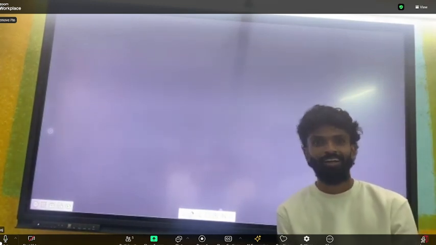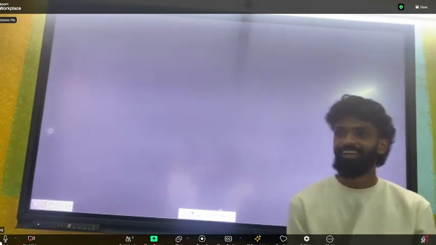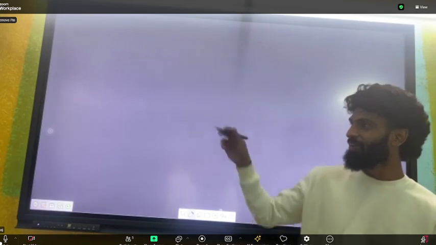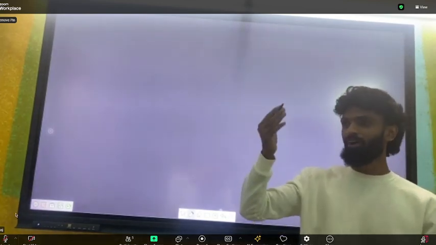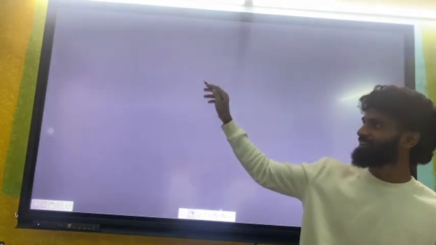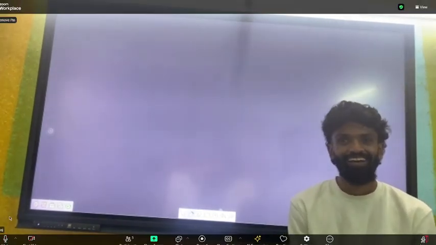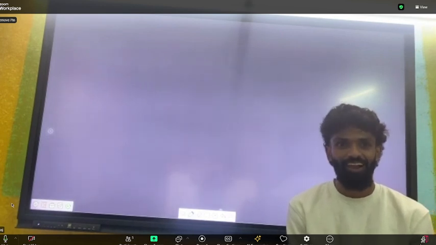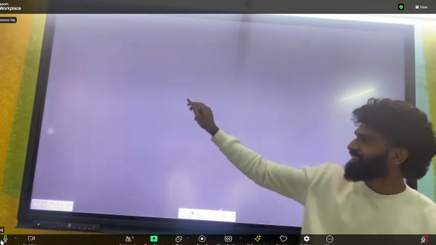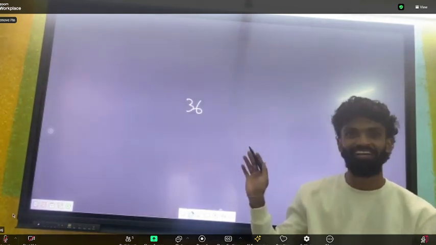Find log 36. I know. It will be 3 for log 1000 some change. What are you finding there? How are you getting 3 point something? Did you divide by 12 or something?